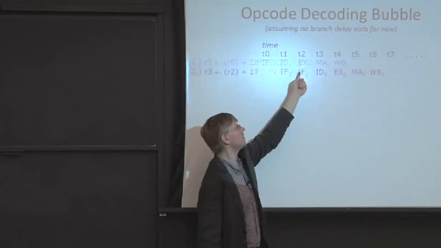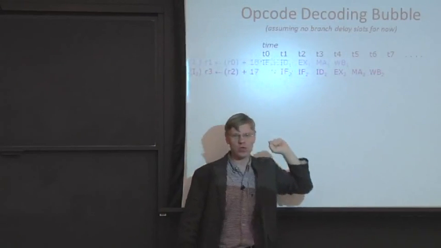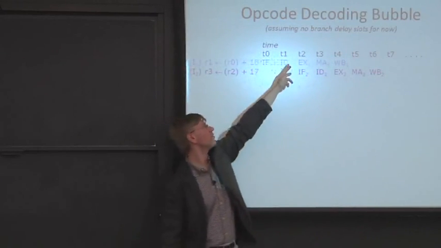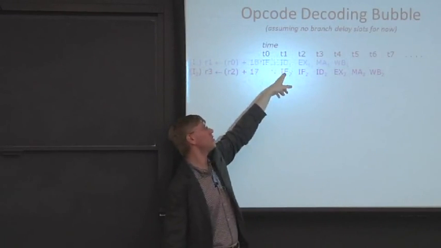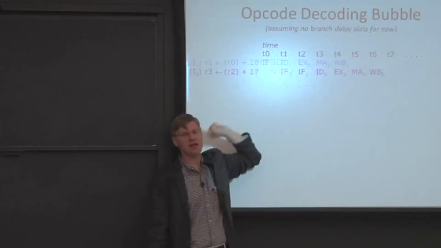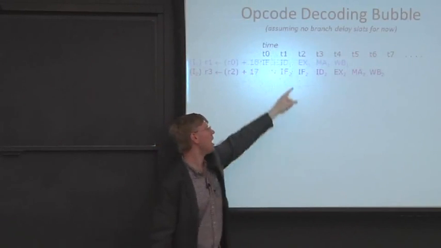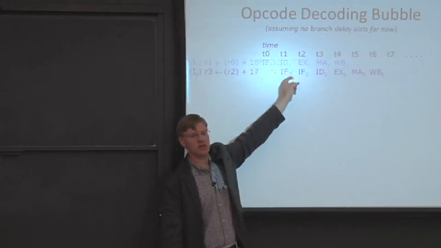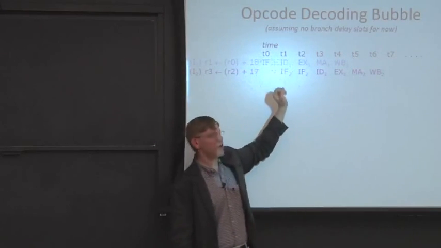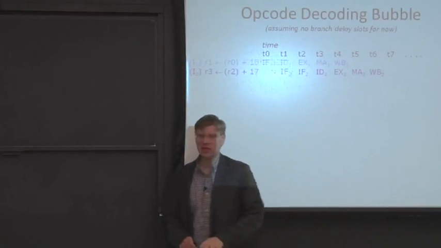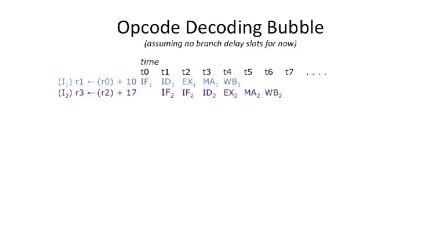We would need that information to determine what's going on here. So if we had a branch, for instance, it's not able to get around and change the program counter and change what is being indexed into the instruction memory on this cycle. So we're going to have to insert a decode bubble here for this structural hazard.